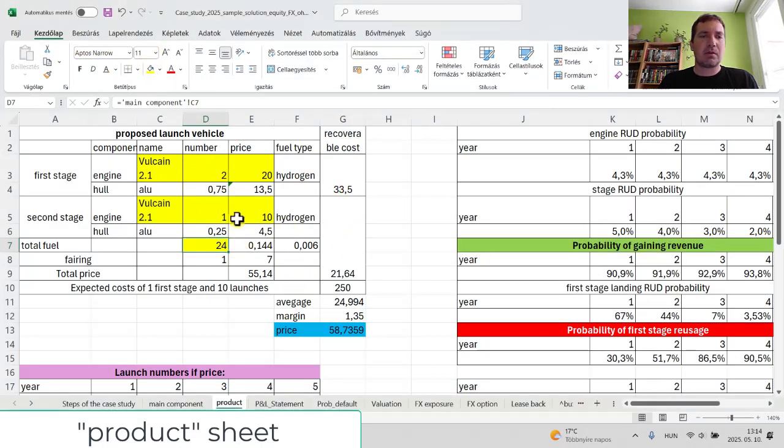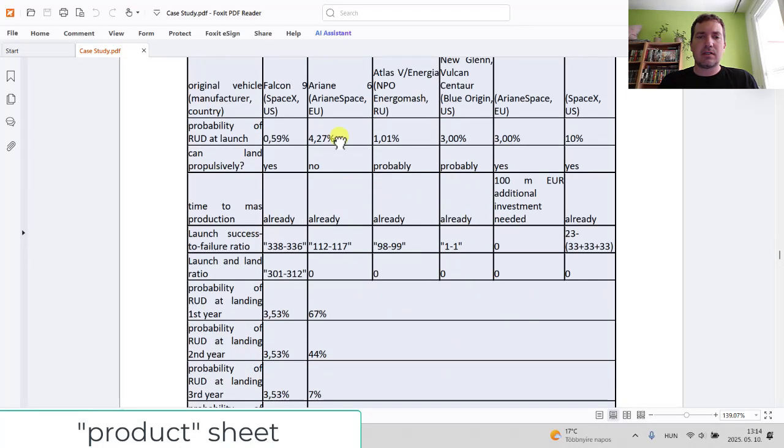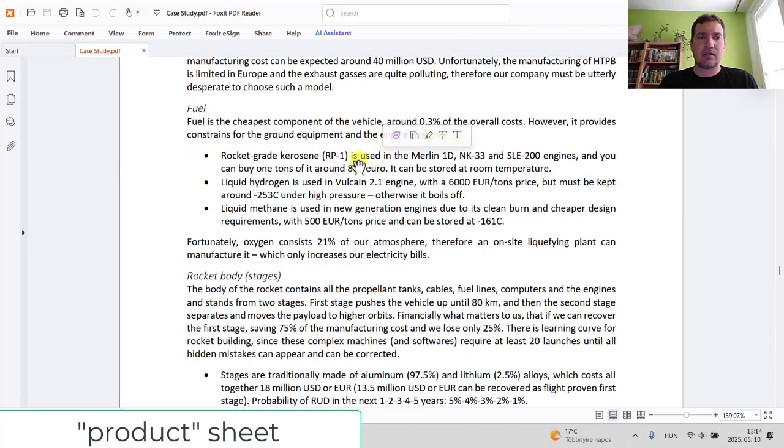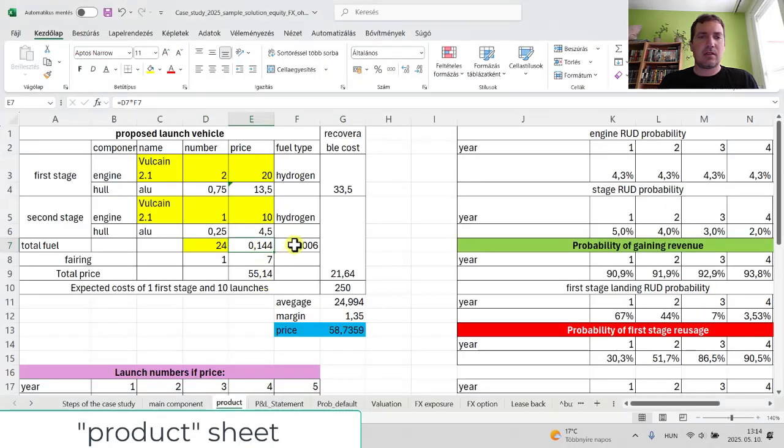This is also coming from the engine, and after that this is the price that is coming from the fuel. If we are multiplying them all together, then we get this number here. So practically we have to set this number up, and then we are happy.